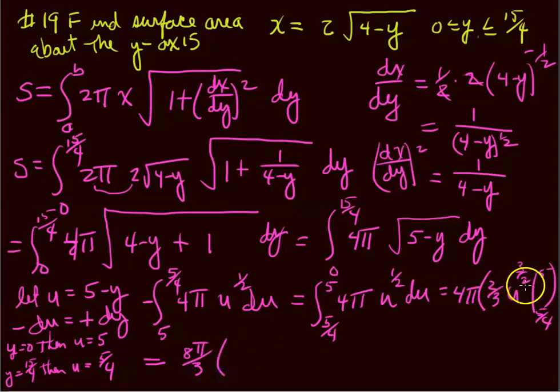Plug in a 5. Well, the square root of 5 cubed is really a 5 times the square root of 5. Does that make sense? The 1/2 is the square root of 5, then you cube it, so you've got one square you can pull out and one 5 you have to leave. The 5/4, the square root of that, I might have to write that out.